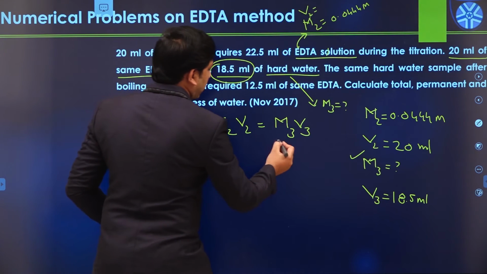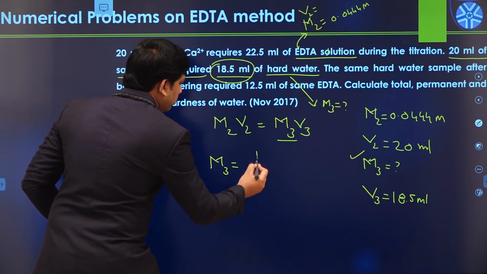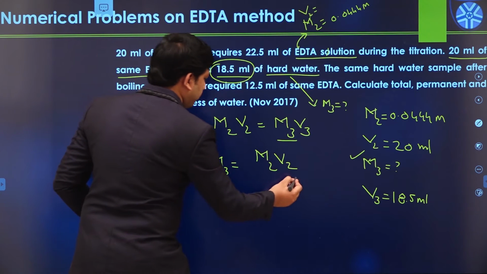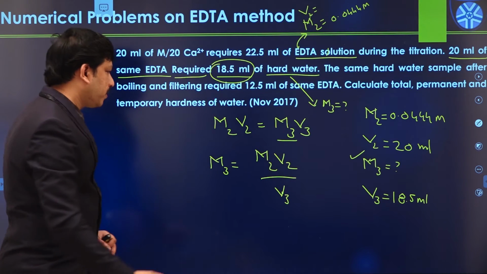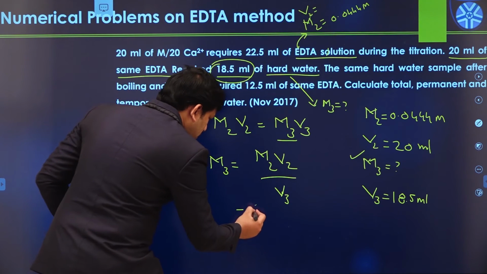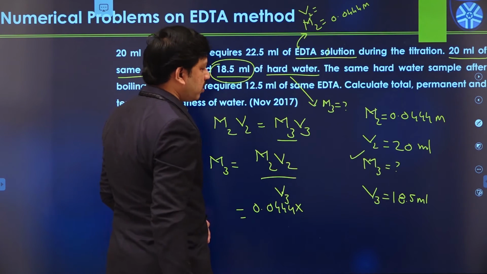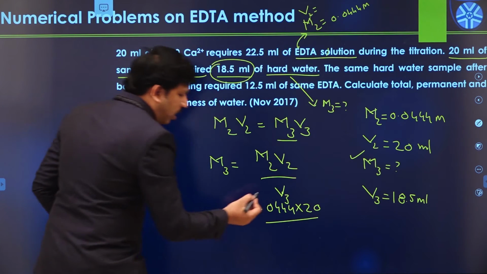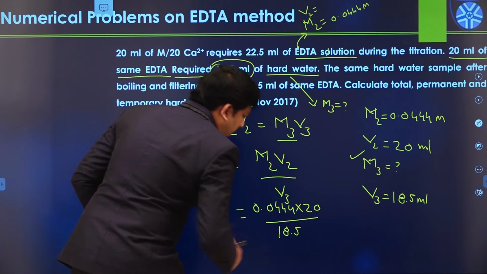So now this time M3 is the unknown value. So M3 is equal to M2 V2 divided by V3. Okay. So now substitute all the values. What is the M2 value? 0.0444 molar, the V2 value is 20 ml, and the V3 value is 18.5 ml.